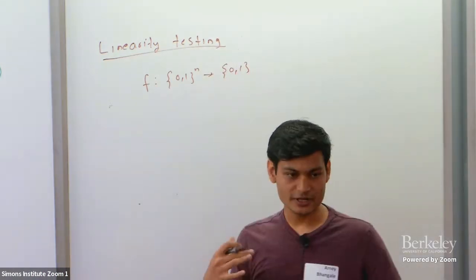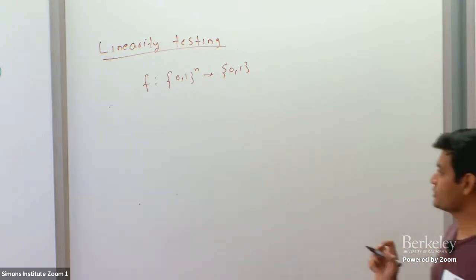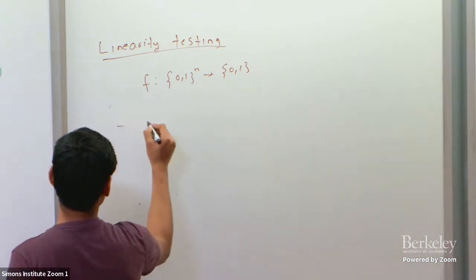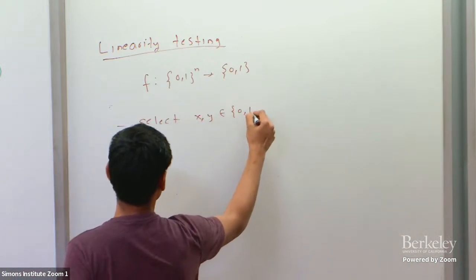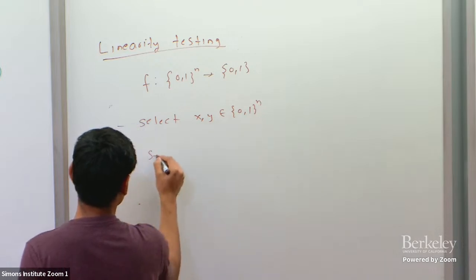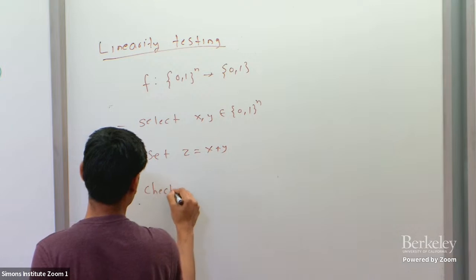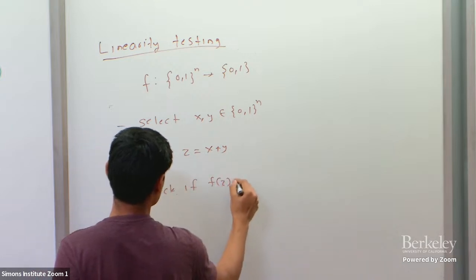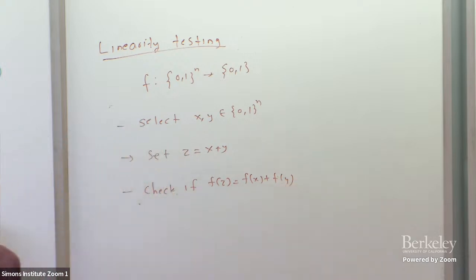And we want to test whether f is a linear function or f is far from a linear function. And so this is an actual test. Select x, y uniformly at random. Let z be x plus y, and check if f of z is equal to f of x plus f of y. That's the BLR linearity test.